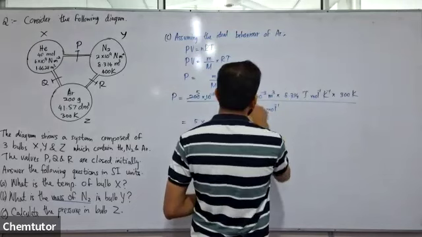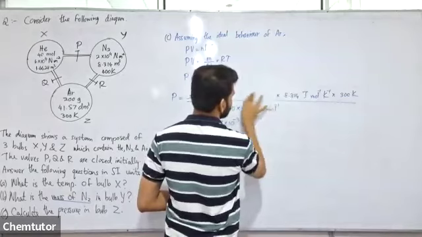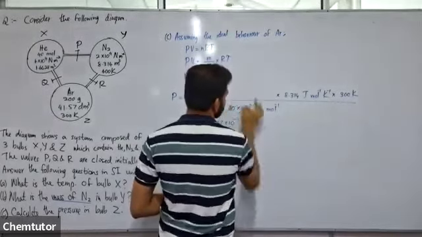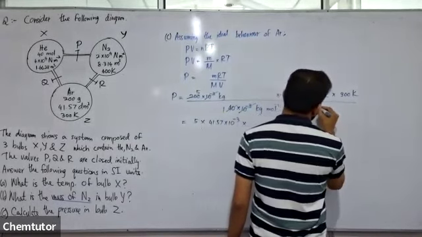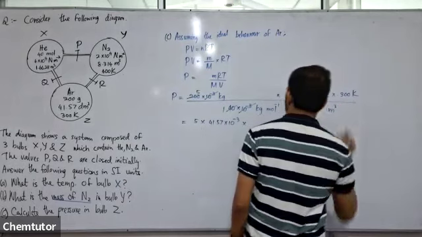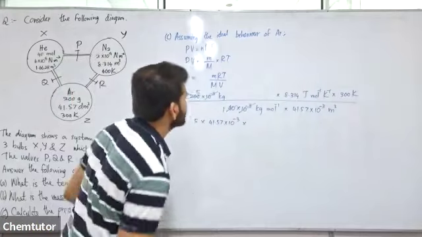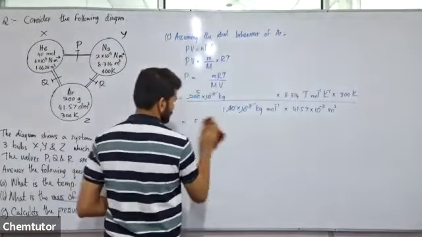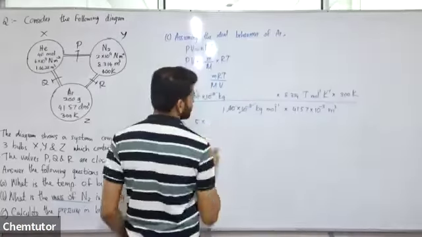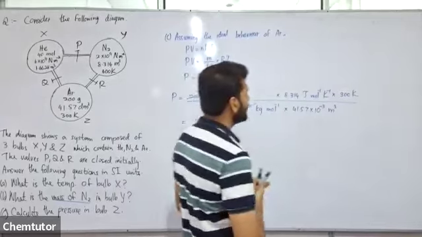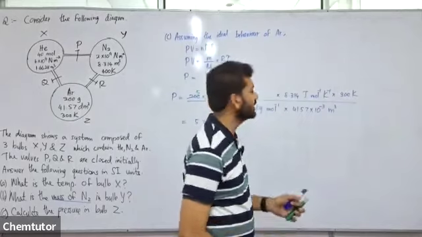Then 41.57 has to be counted. It should be over here. Then the answer will be 5 into, okay, now 8.314 times 5 is 41.57. Right.